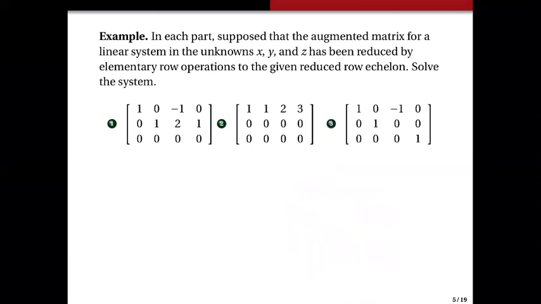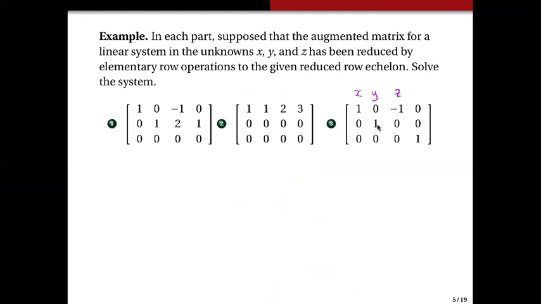Another example here. So suppose we have this. Still this is your x column, this is your y column, your z column. This is in reduced row echelon form. This is a leading one for the first row.